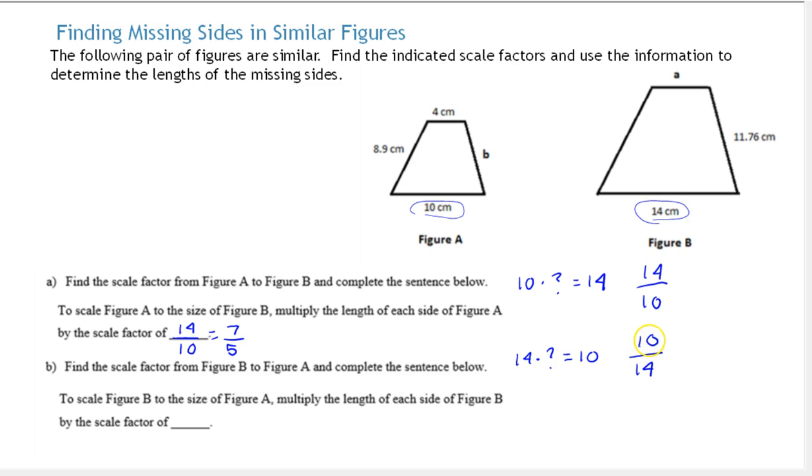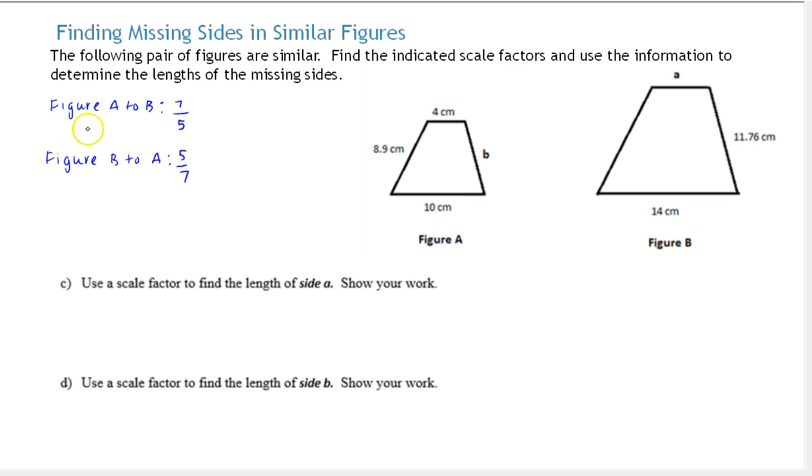This also makes sense because we can see figure A is smaller than figure B, and to scale it, we'd multiply by a proper fraction, which is less than 1. And that makes sense since it's smaller. We should be taking a fractional part less than 1 of figure B. So, to scale figure B to the size of figure A, multiply the length of each side of figure B by the scale factor of 10/14, which simplifies to 5/7, which is the reciprocal.